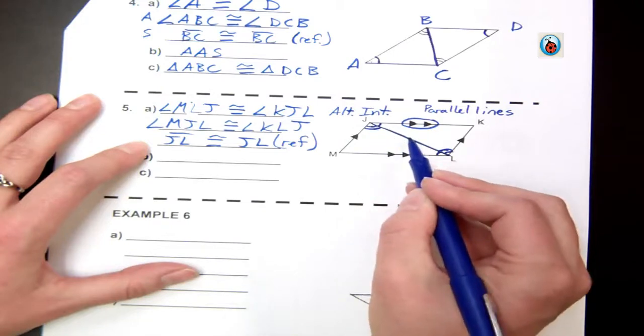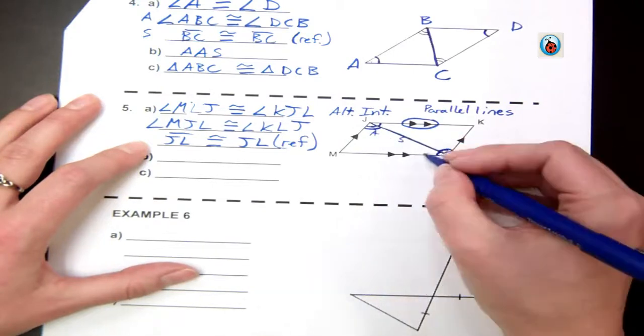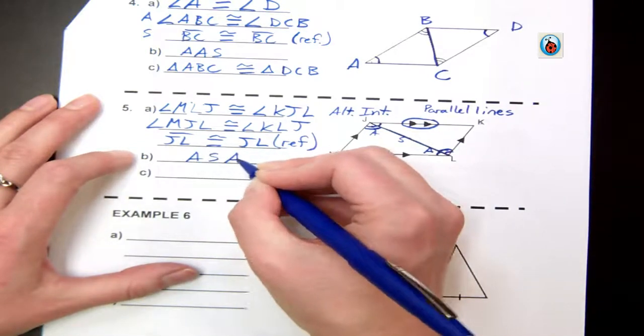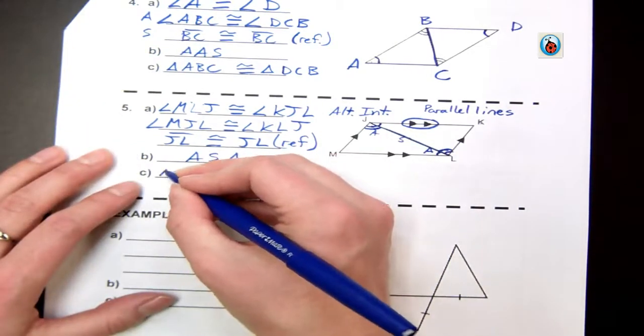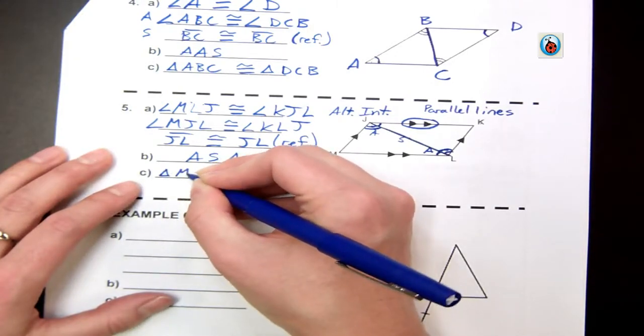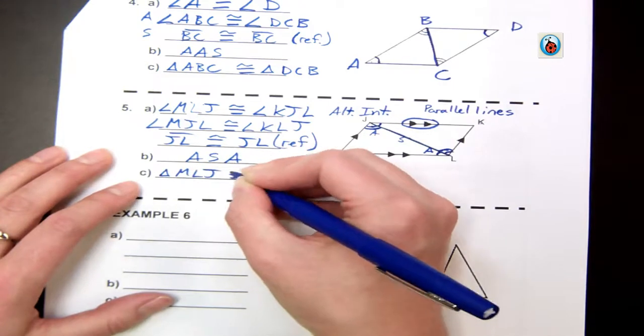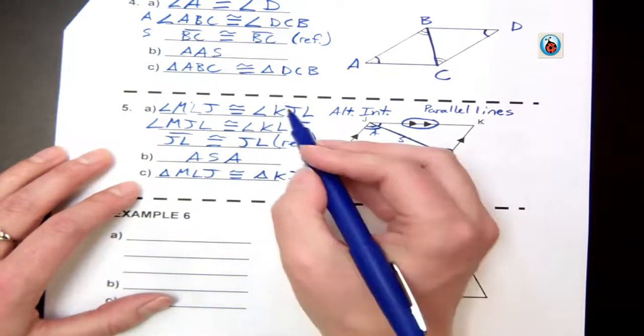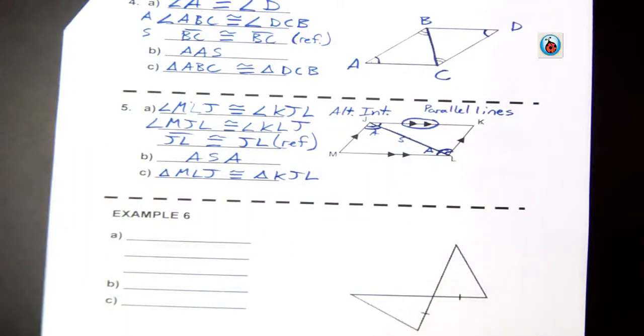I have angle, side is actually in the middle, and I have another angle, and therefore they are congruent by angle, side, angle. And my congruent statement is triangle MLJ is congruent to triangle KJL, and I can go in the same order as those first angles I found.